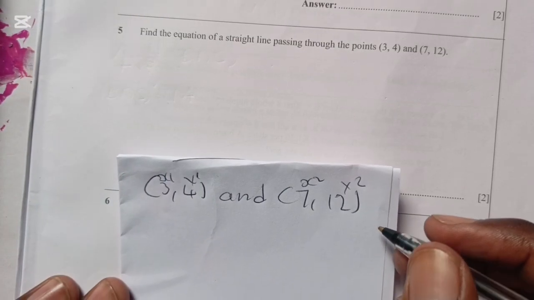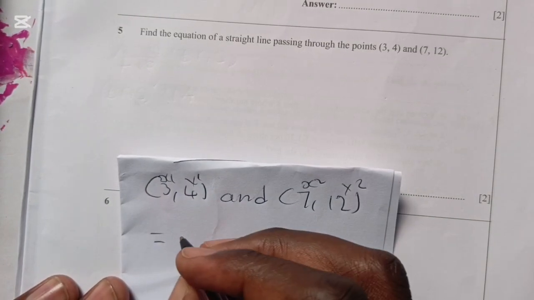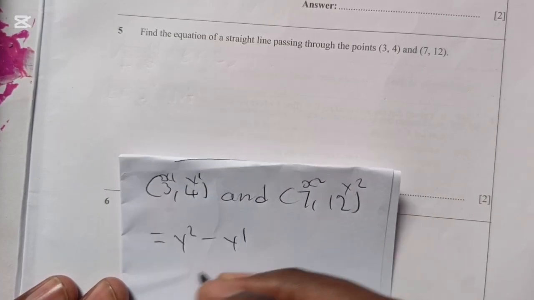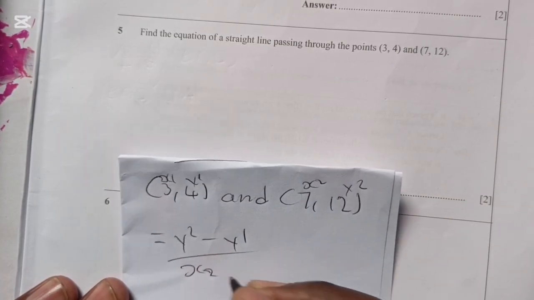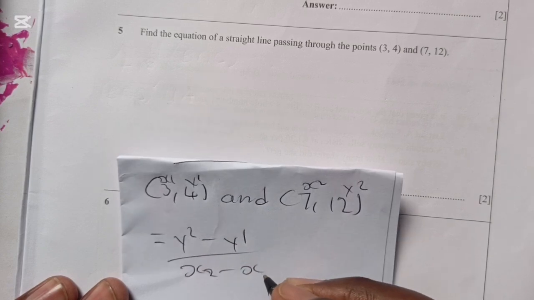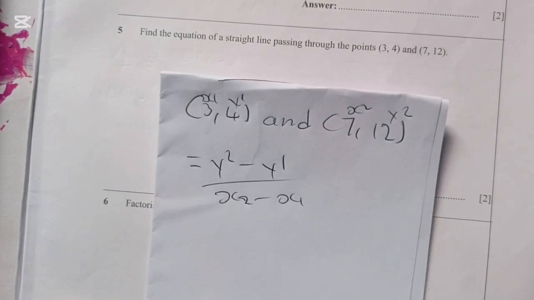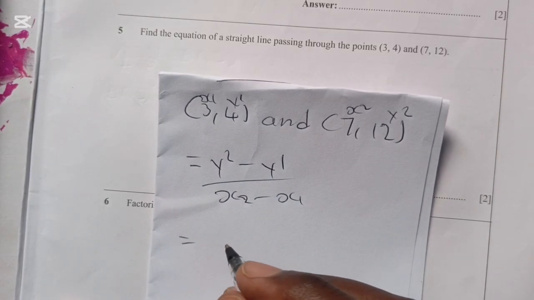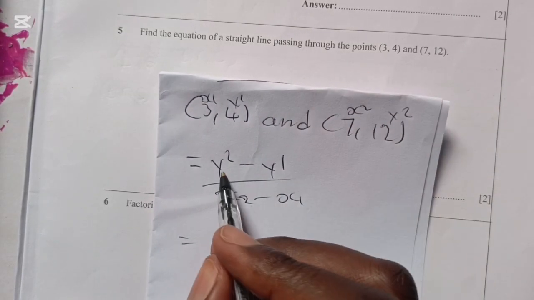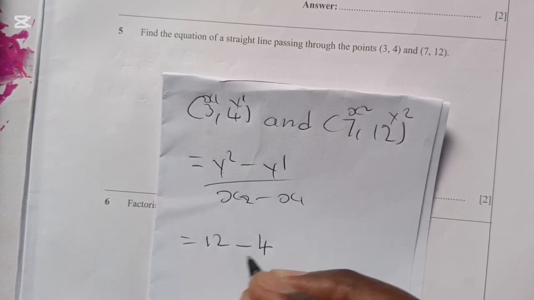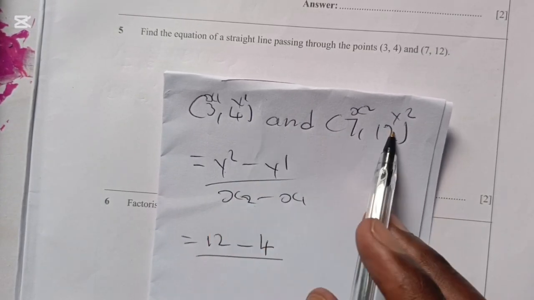Okay, so when we're solving for the equation of a straight line, the formula is y2 minus y1 over x2 minus x1. Okay, so now when we come here, we're going to get, what is our y2 here? We are going to say 12 minus 4 over, what is our x2?